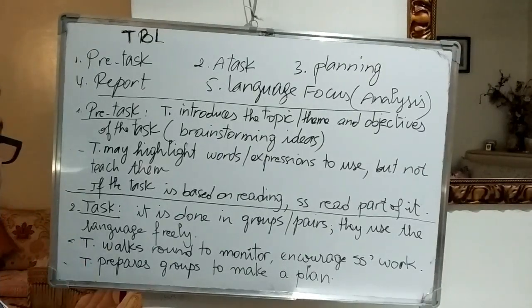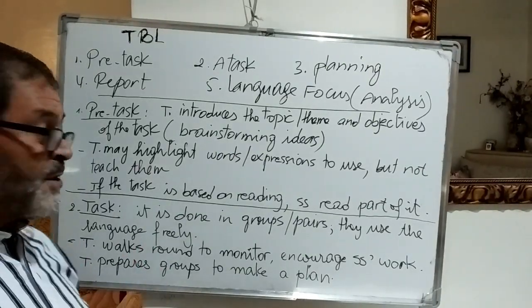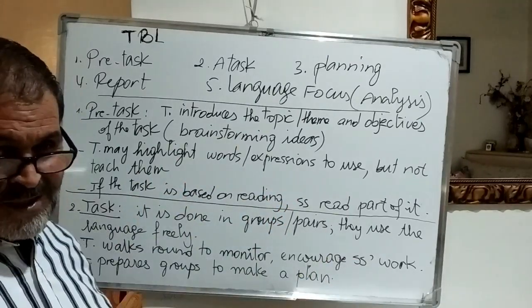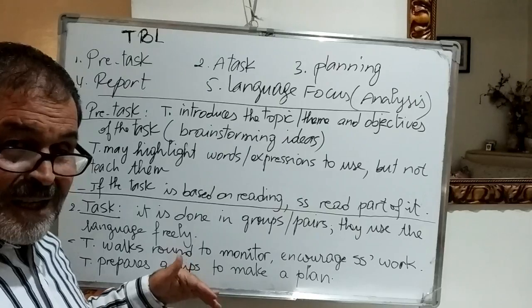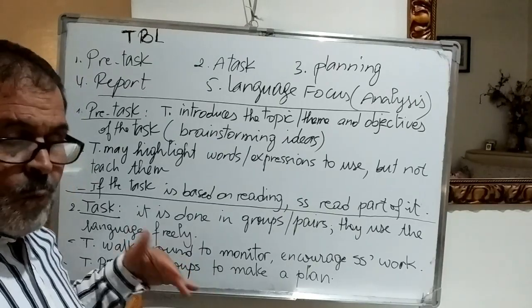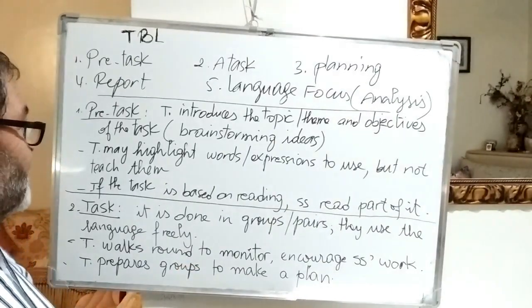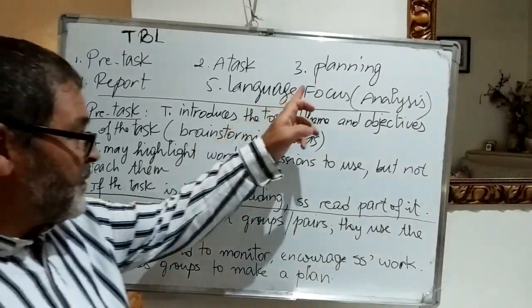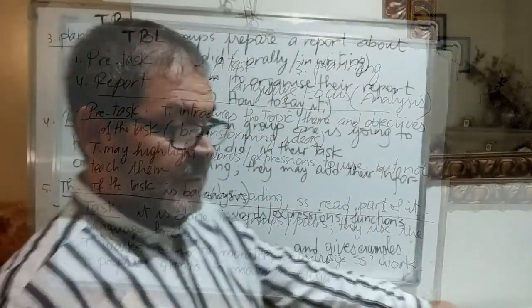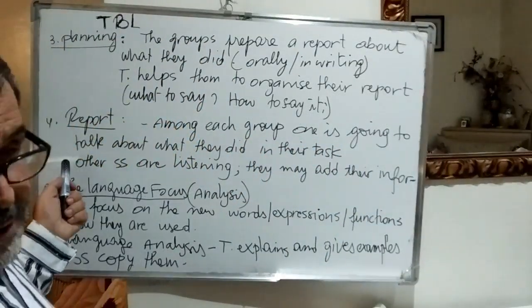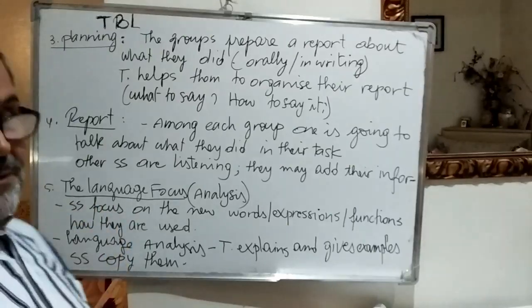Okay, and the teacher prepares groups to make a plan. So he prepares them for the next stage. It is making a plan, and we are going to see what we do in this plan. So planning, it is number 3. So now we have planning, report, the language focus.